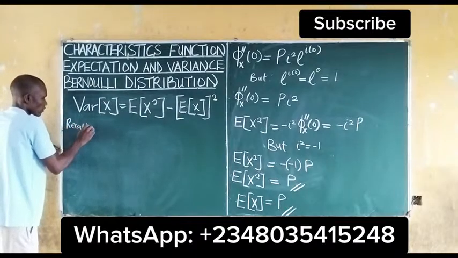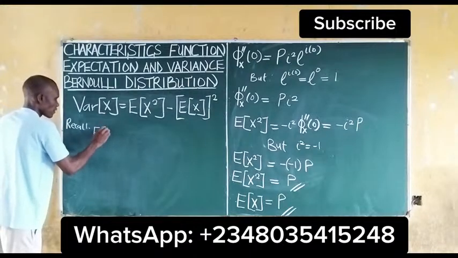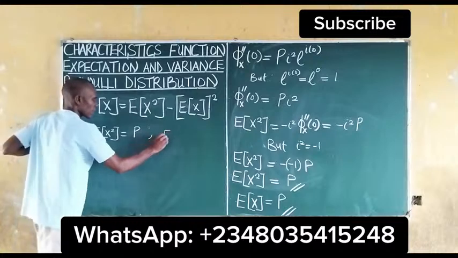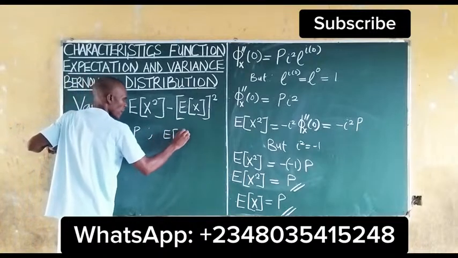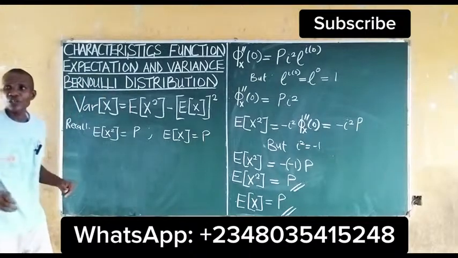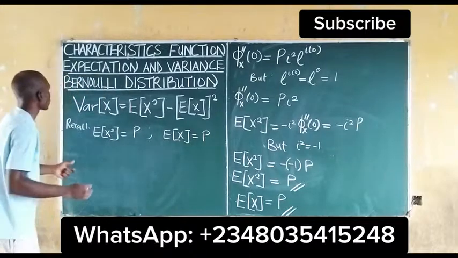If we recall, the expected value of x squared is equal to p, while the expected value of x is also equal to p for the Bernoulli distribution.